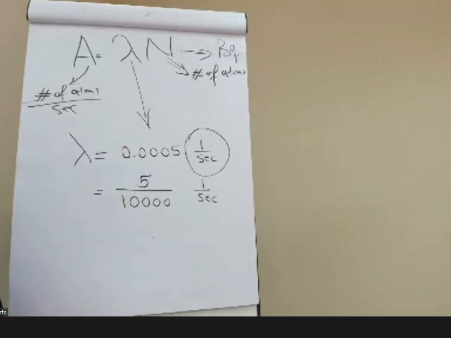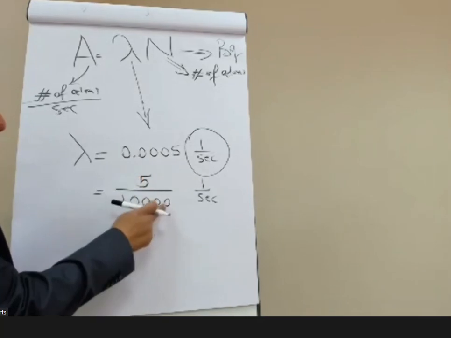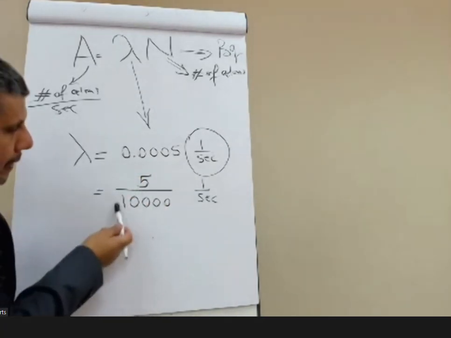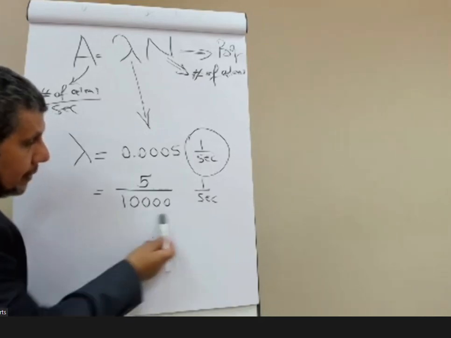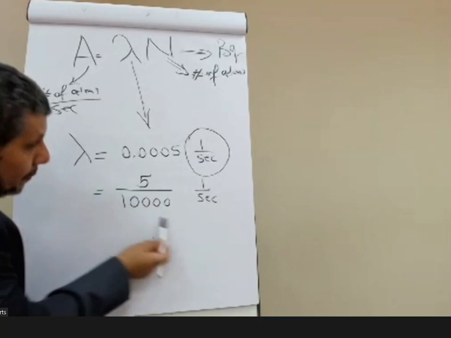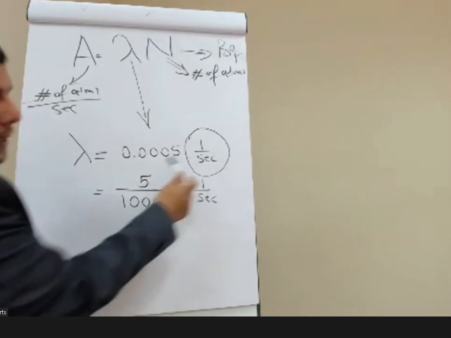This is the meaning of decay constant. 5/10,000 means that of each 10,000 atoms in the sample, only 5 will decay each second. So this is 1/second.